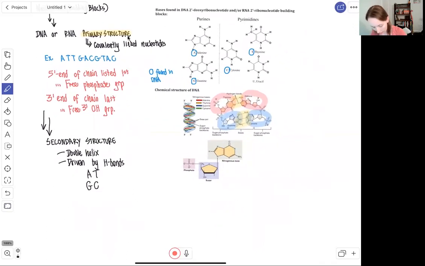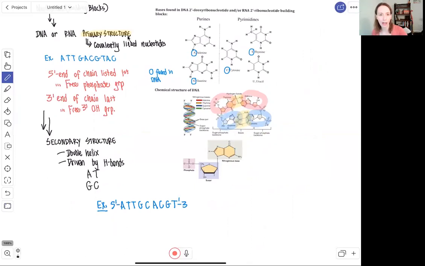Since we know that A is always complementary in hydrogen bonds with T and G with C, we can predict the second strand. Say we have a 5' to 3' DNA sequence that looks like this.